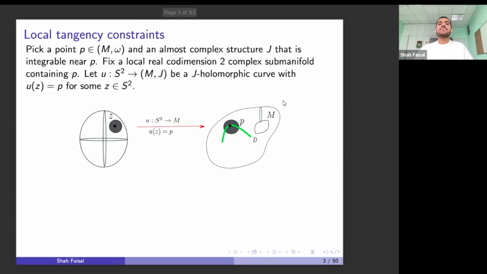Right. So the local tangency constraint, introduced by Cieliebak and Mohnke, is defined as follows.